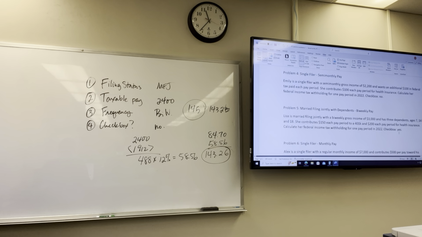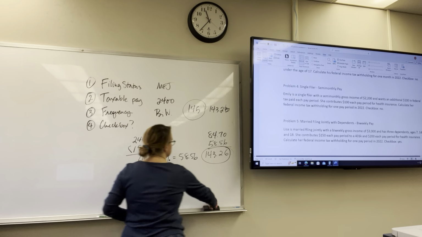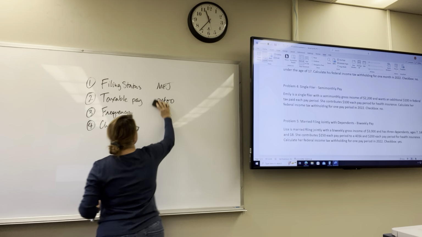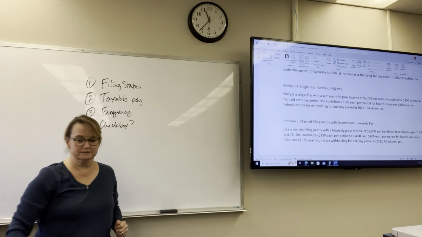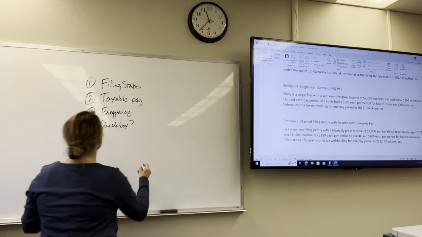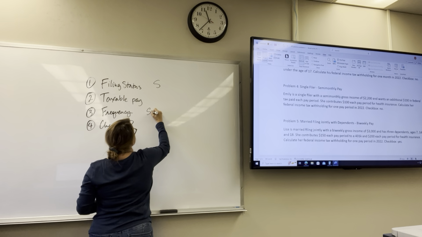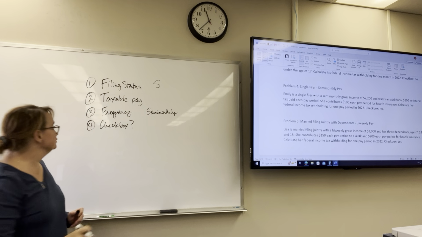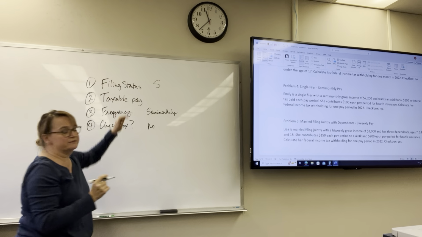All right, so this one gets a little bit more complex. And for the more complex ones, it can be helpful to use the W-4 when you're doing it. You can just fill it out and see if that helps. I don't know if that would help necessarily on this one. Okay, so $100 in additional, so Emily, single, semi-monthly, no checkbox, but we've got to calculate what her taxable pay is.